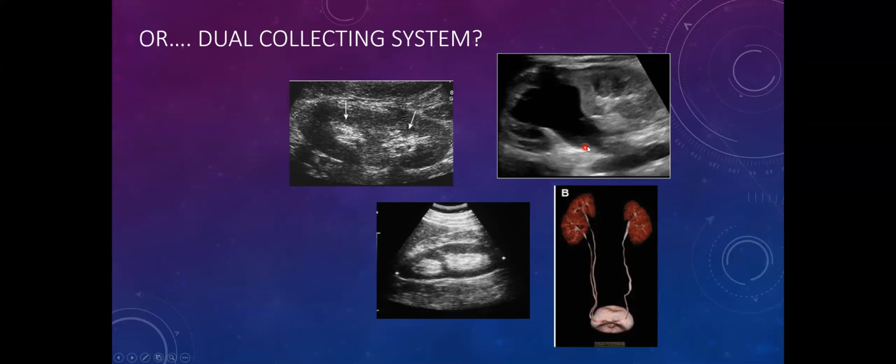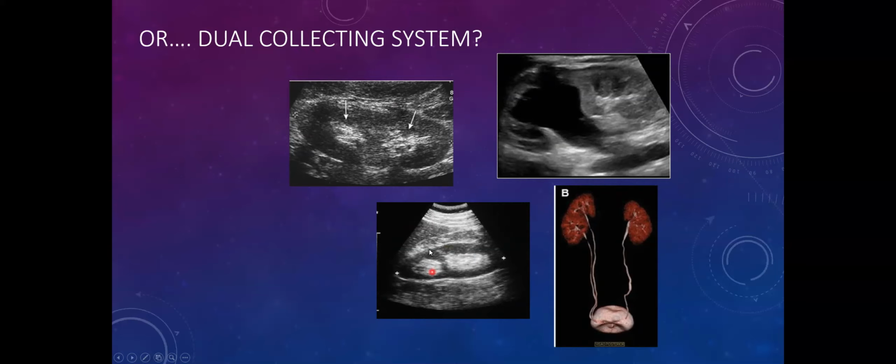The lower pole moiety is normal. Unfortunately, these people are at a higher risk of not only really bad hydronephrosis, which kills the kidney from hydrostatic pressure, but they're also more likely to get renal infections, UTIs going all the way up to the kidney.